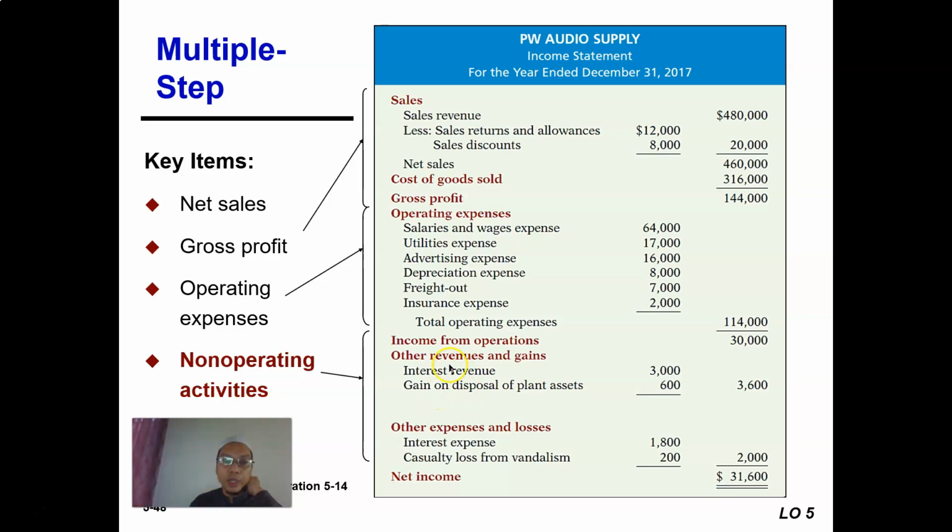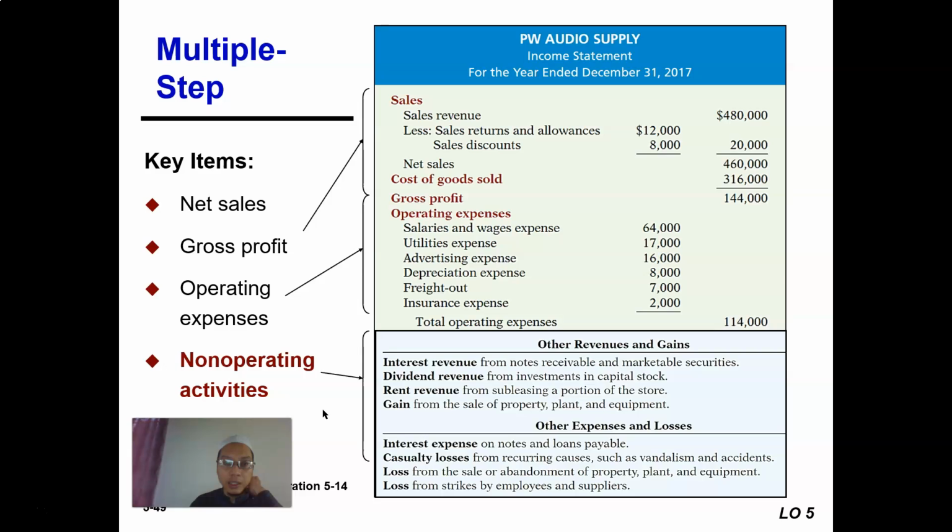Therefore it is put under other revenues and gains. Similarly, there are other expenses and losses, which include interest expense, because sometimes they need to borrow money, so they pay interest, and casualty loss from vandalism. So these are examples. There are some other examples as well.